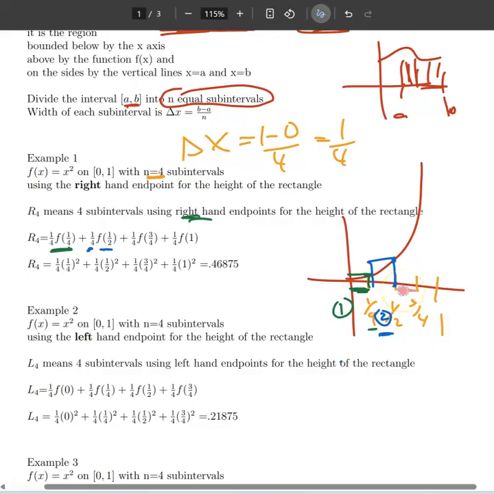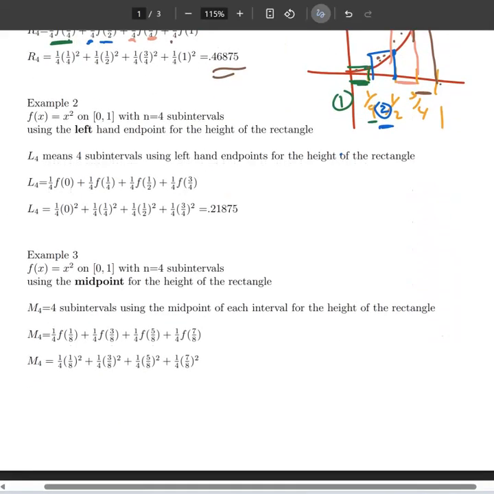It again has width 1/4, and we're going to go up to the height of f of 3/4. That's the y value we use. And the very last one, the width is still 1/4, and we go up to f of 1. Not a great picture, but that's the idea. This number will be bigger than the area under the curve, right? Because you can see all this extra region.